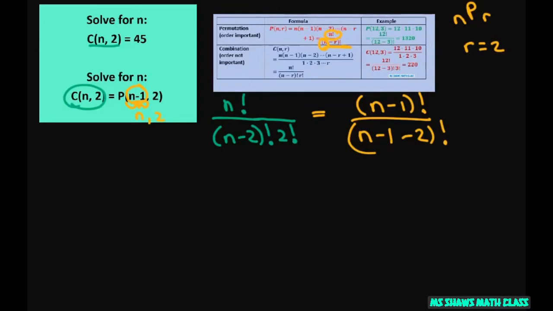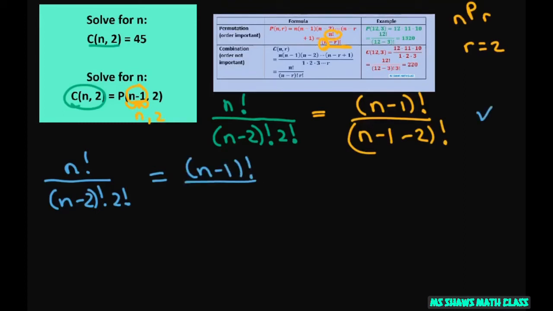All right, from there, we're going to take it again, and we're going to get, well, first of all, this one, we're going to get n factorial divided by n minus 2 factorial times 2 factorial equals, and all we're doing is cleaning this up, n minus 1 factorial divided by n minus 2 factorial.